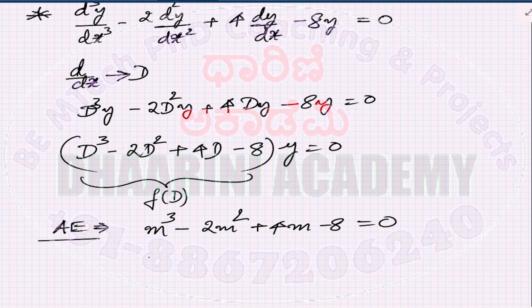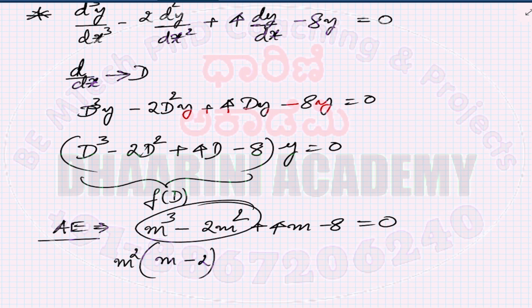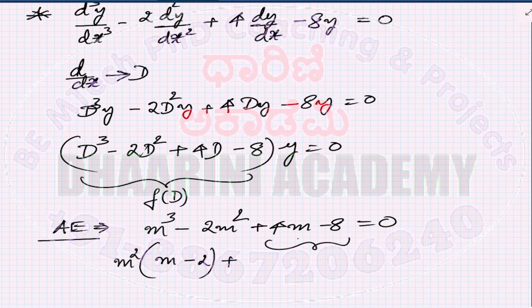Let me take m square out from the first 2 terms. I'm going to get m minus 2. Plus in these two, I'll take 4 outside.